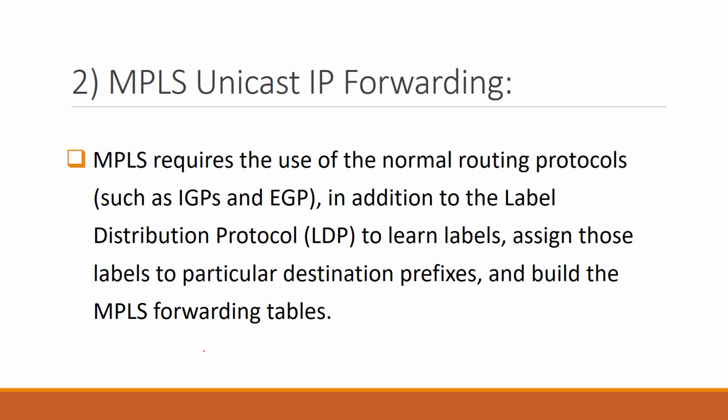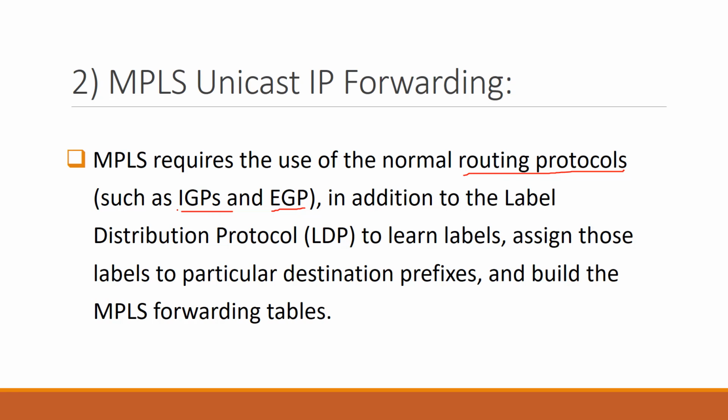Actually, for MPLS to work, it has something like prerequisites. So what are these prerequisites? It requires the normal routing protocols, such as IGPs and EGP. And examples of IGPs, all of you know, OSPF, EIGRP, RIP, and Intermediate System.